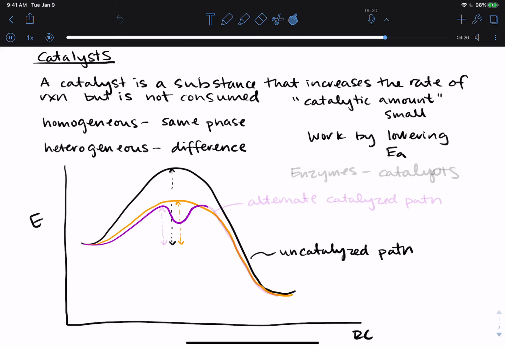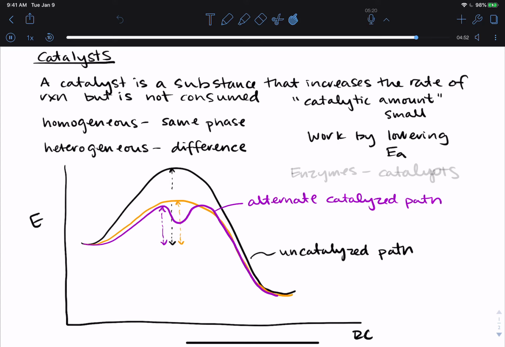So you might get something like this. Call this alternate catalyzed path. And you can see the important part is that it still has lowered the activation energy relative to what it was originally.